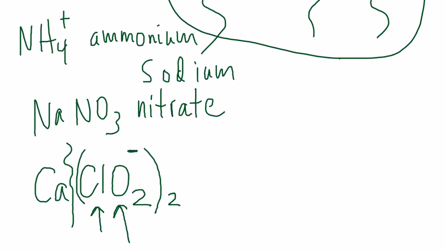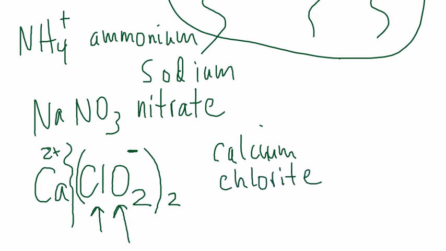And so the reason why there are two of them in calcium chlorite is because the calcium itself is 2 positive, right? So calcium chlorite is CaClO2. Calcium chlorite. Now, do I expect you to memorize chlorite, nitrate, and all the others on the back of the periodic table? No. You can use that as a resource for all of your tests.